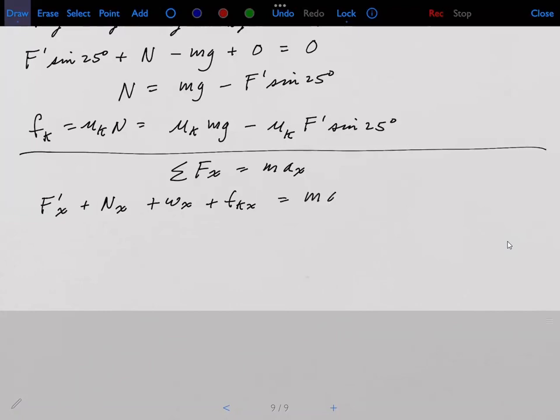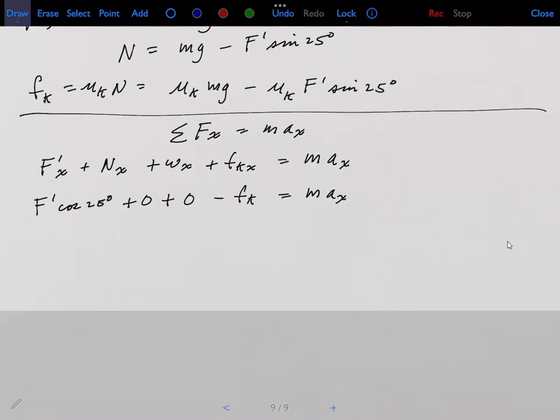That's got to equal max. And our goal now is to figure out the ax. So the x component of F prime is F prime cosine of 25. There's no x component of normal force, no x component of the weight. And the x component of Fk is minus the entire Fk.